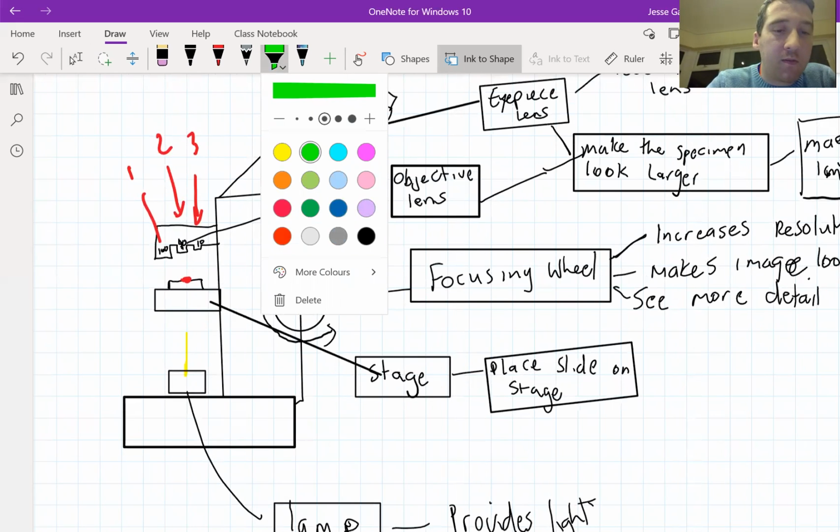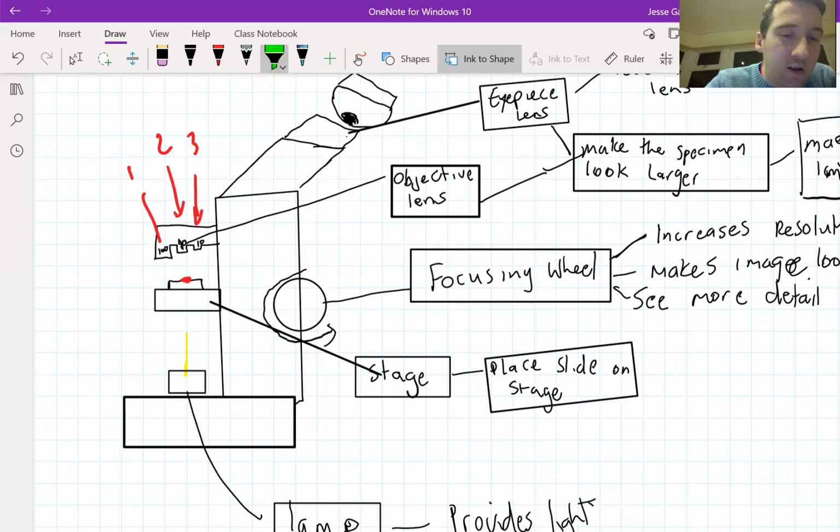Light travels up from the lamp like this. It goes through the specimen, through the objective lens that's selected. Then it goes up through the eyepiece lens where it gets magnified again.